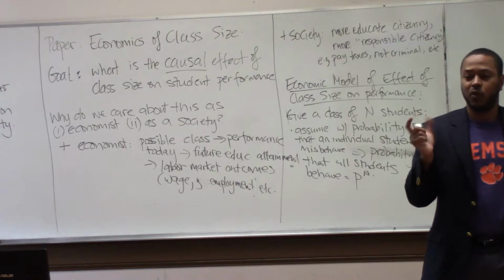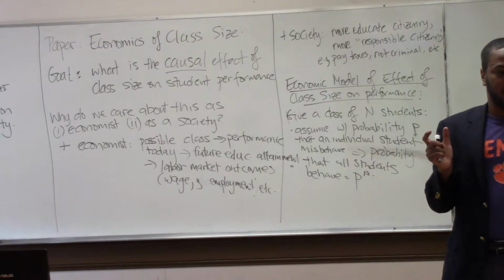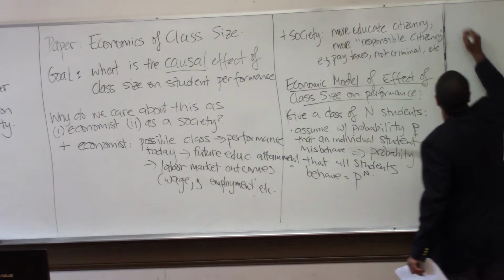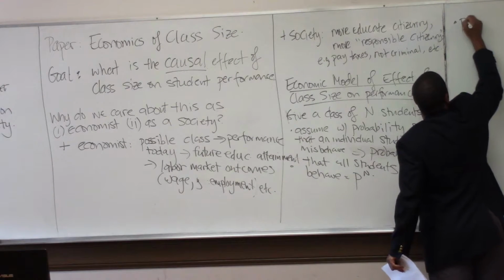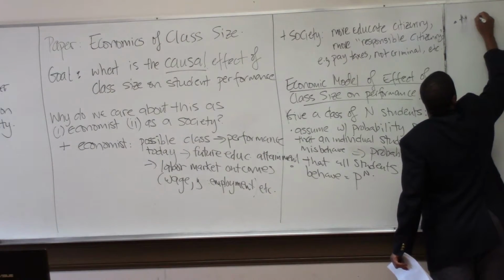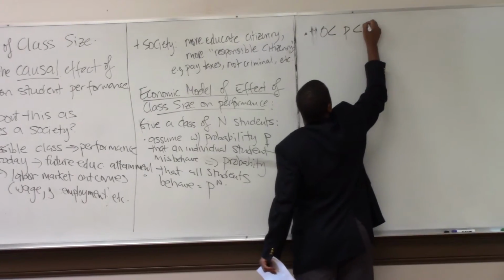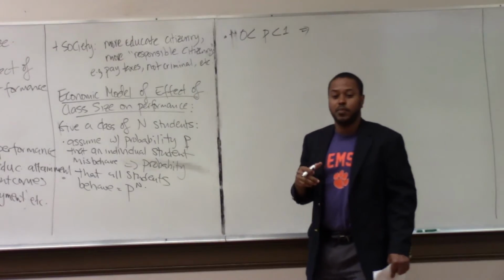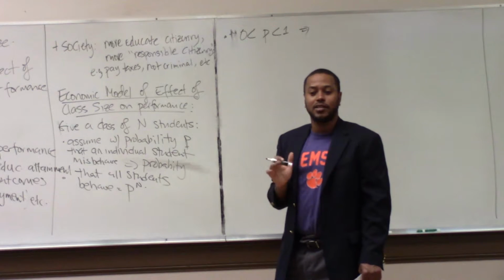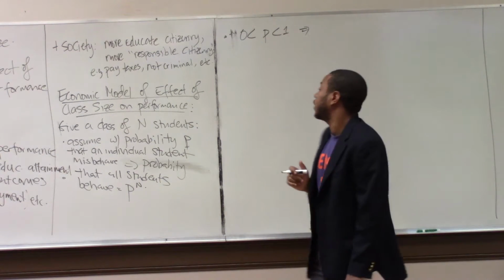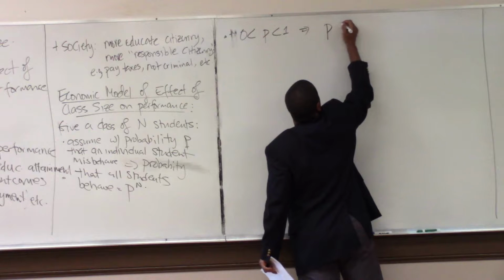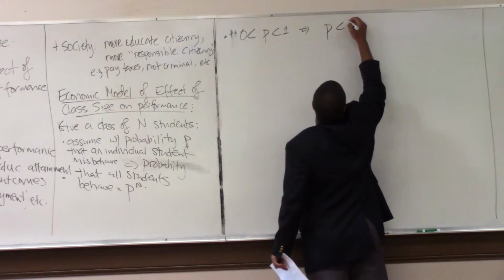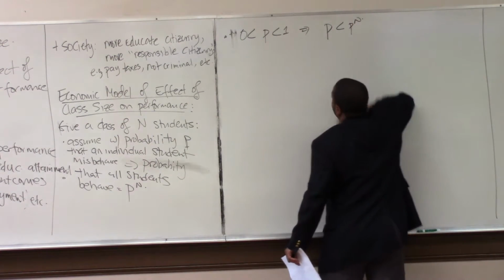A probability is going to be between what two values? 0 and 1. So we know that p is between 0 and 1. So is p to the n going to be greater than or less than p? That's right. So that implies that p to the n is going to be less than p, right?